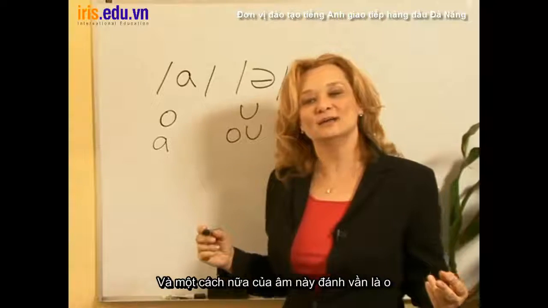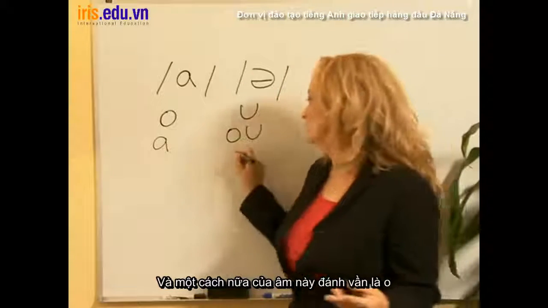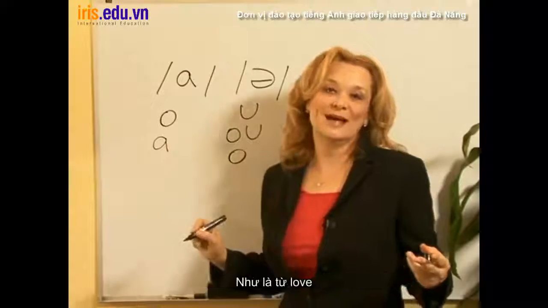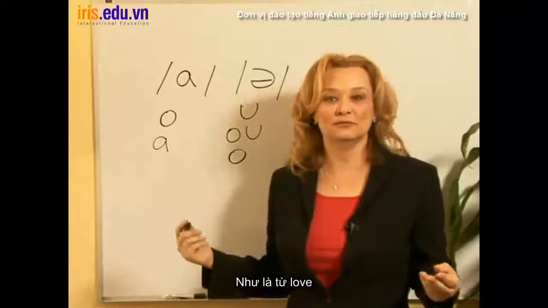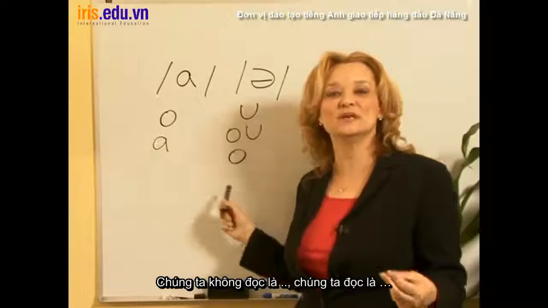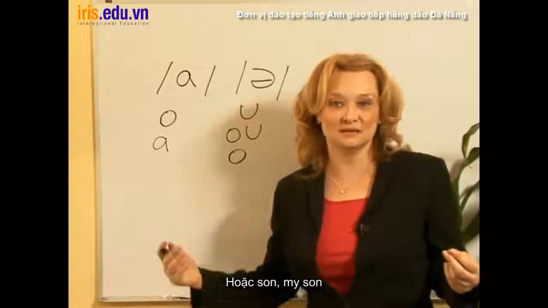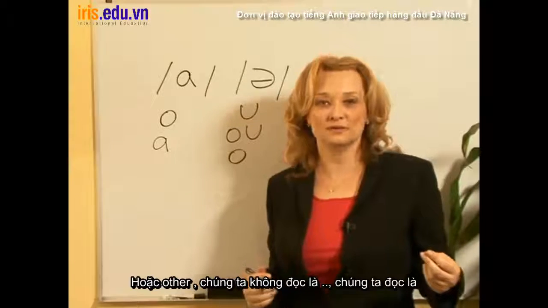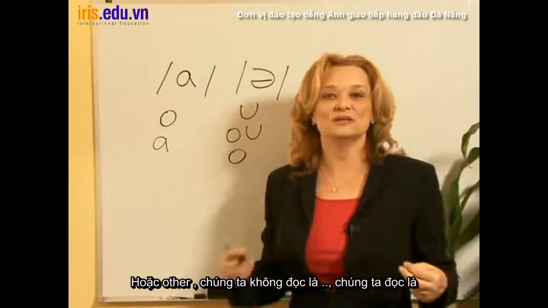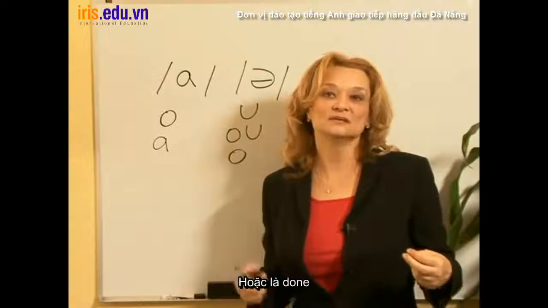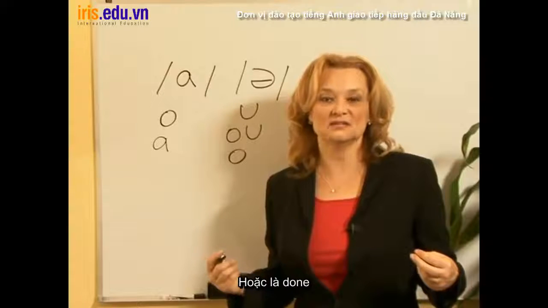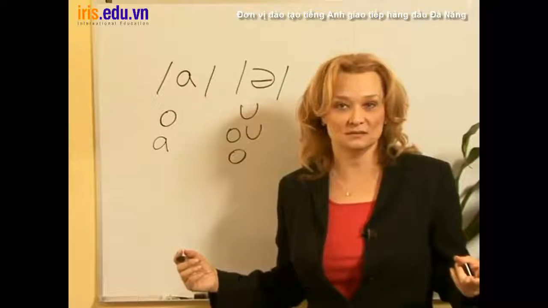And once in a while, this sound is also spelled with the letter O, as in words like love. We don't say love, we say love. Or son, my son. Or other. We don't say other, we say other. Or done, D-O-N-E. I'm done.